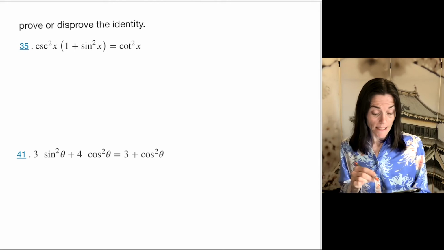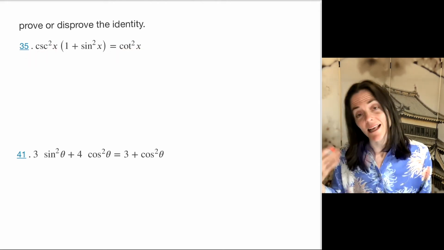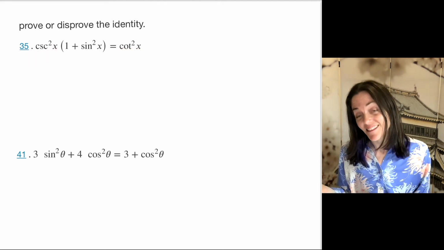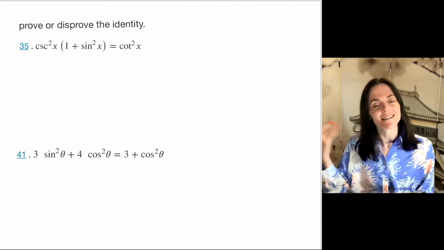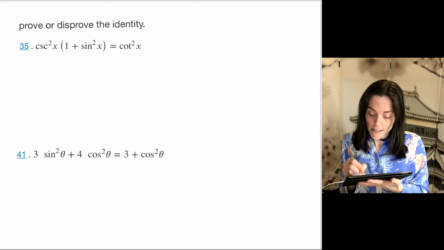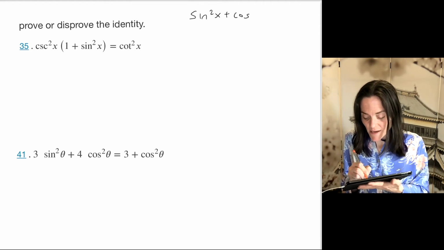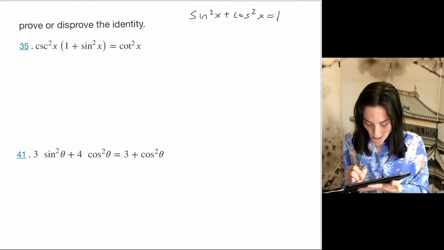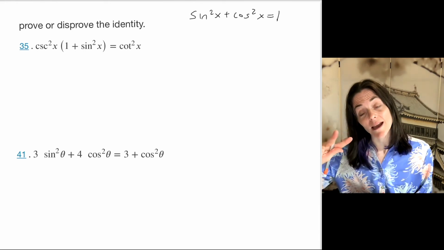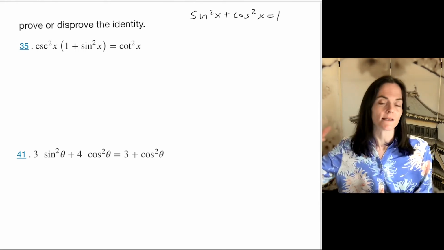However, I see cotangents and cosecant squares, and that's making me think of something we talked about in the lesson. So let's just talk about that for a moment. What did we talk about in the lesson? Well, generally, we have talked about multiple times that sine squared plus cosine squared is 1. And I can get 2 other identities from this. One is an identity involving secants and tangents.